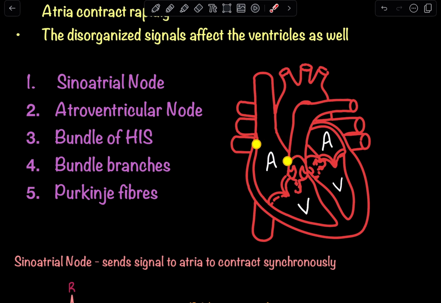Now, when that AV node picks up the signal, remember that it has a longer refractory period, so it kind of delays the signal before it's passed on to the bundle of His, the bundle branches, and then the Purkinje fibers. After that brief delay at the AV node, the signal will travel fast through these three components, resulting in the ventricles to contract in a synchronous manner, pumping blood outward.